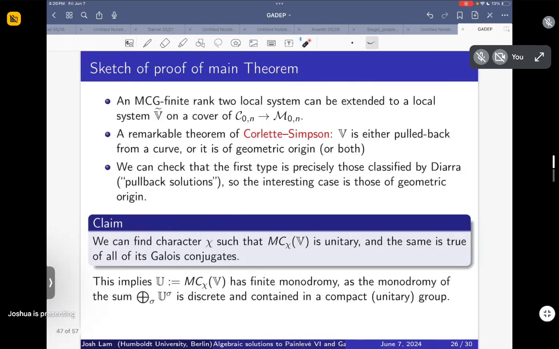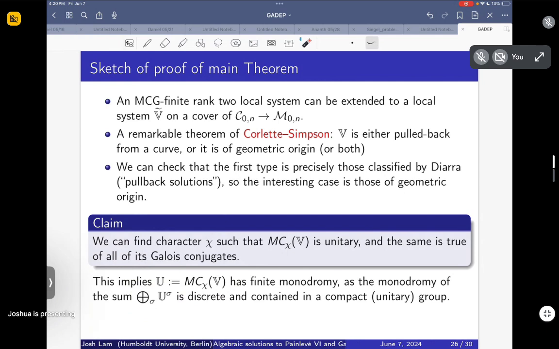Okay, so assuming this, we can basically conclude, because if you look at this MC chi of V, not only is it unitary, but all of the Galois conjugates are unitary. So if you look at the whole sum, where I added all of these Galois conjugates, it's both integral, because of geometric origin, and unitary.